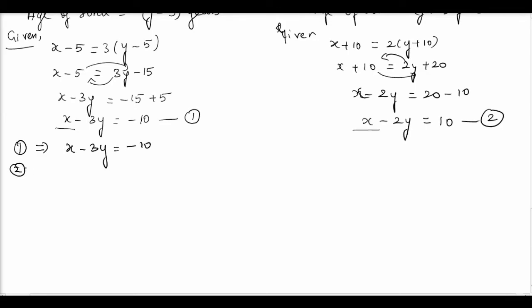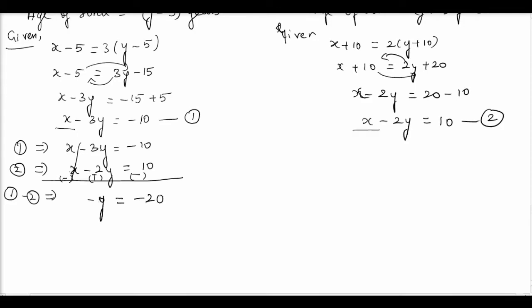And equation 2 also let me take it as it is: x minus 2y equal 10. So now let me subtract them because the coefficients of x are of same sign. So I'm going to subtract the two equations so that x gets cancelled. So we get minus y equal minus 20, right?